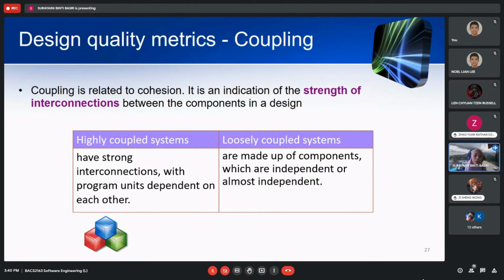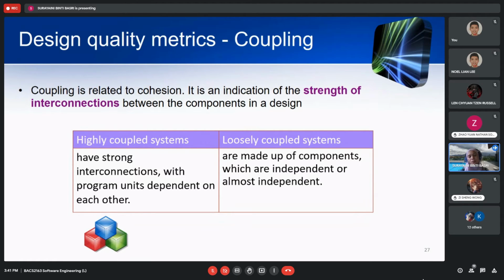So far we have learned about cohesion and coupling. For cohesion, it is best to have functional cohesion. For coupling, it is best to have a loosely coupled system. So if in the exam there is a question on how you make sure that a software design is a good design, you can talk about cohesion and coupling.